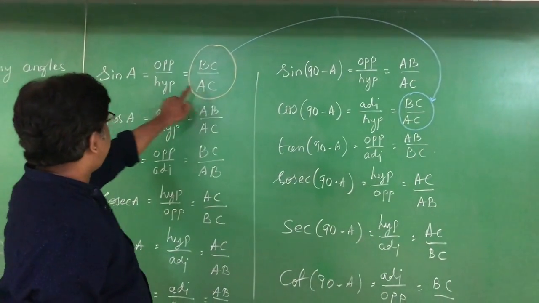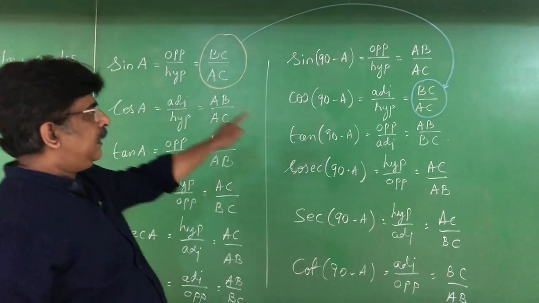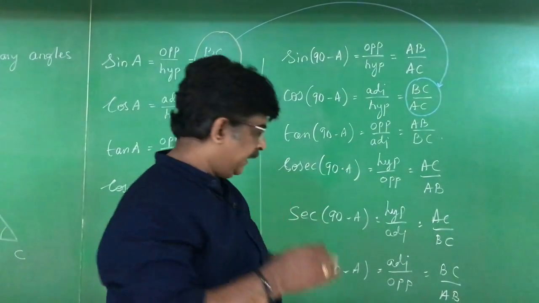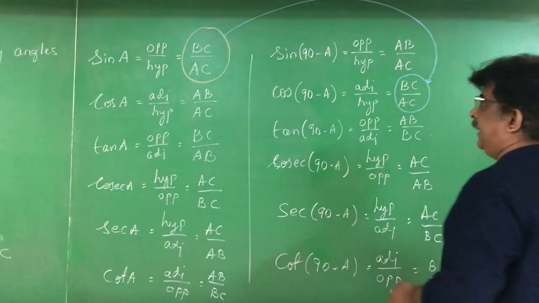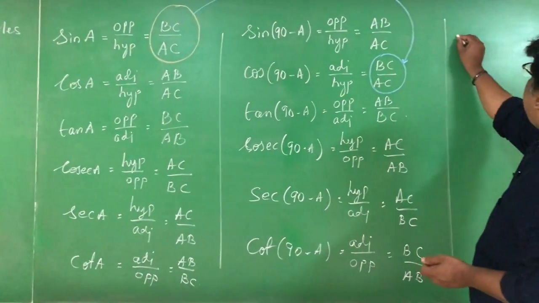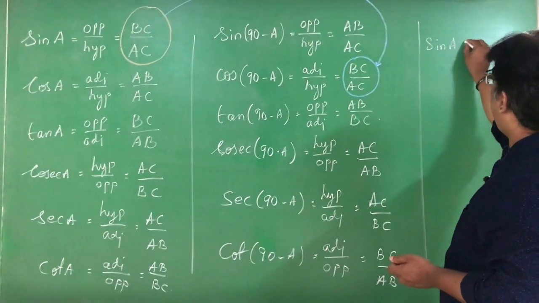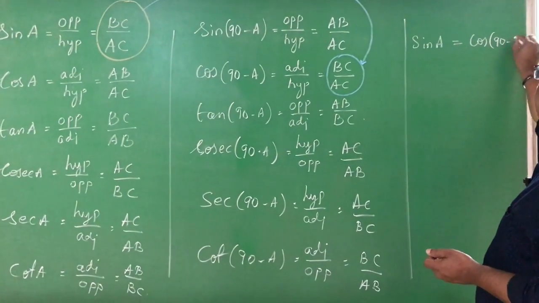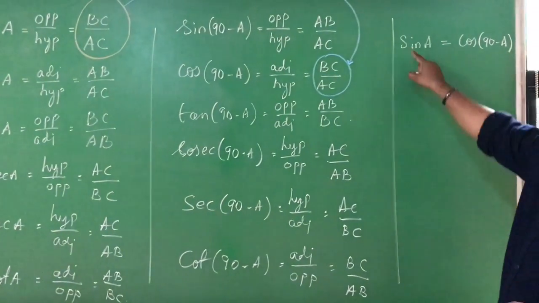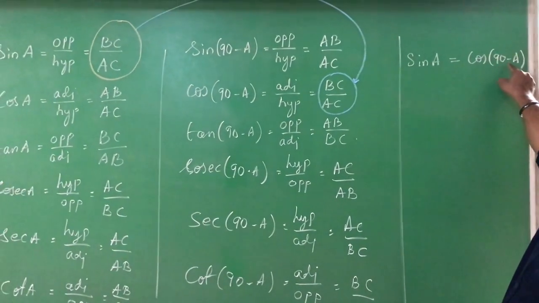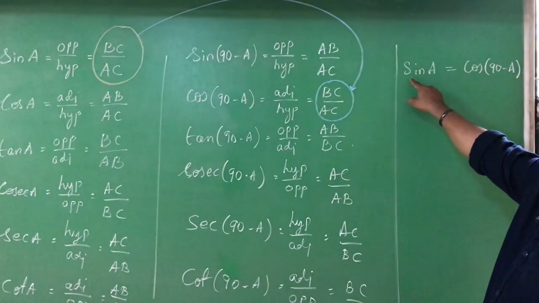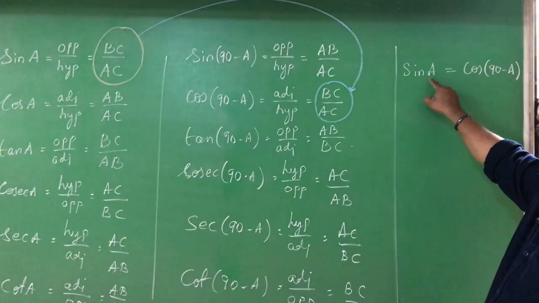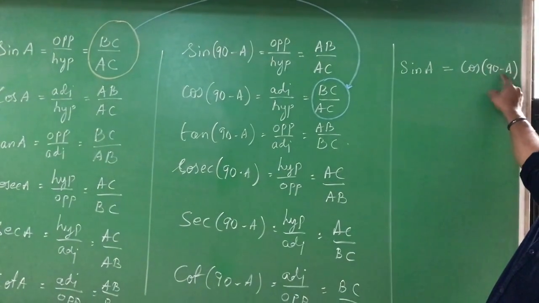Here BC by AC I got it for sin A. Here BC by AC I got it for cos 90 minus A. Therefore, my inference is sin A value is same as cos 90 minus A. Sin A is equal to cos 90 minus A. That means to say that sin 30 is equal to cos 60. 90 minus 30 is 60.